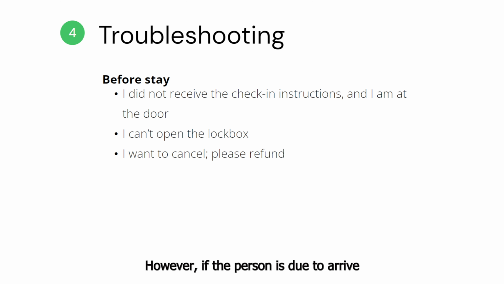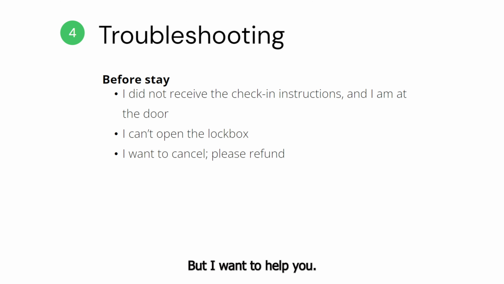However, if the person is due to arrive on the same day, my response is totally different because I know they can write a review. I do not want to decline their refund request outright. Now, what I tell them at that point is, look, unfortunately, because you're canceling it so close to the arrival, it's likely that I won't get any booking for this night because you're canceling it so late, which is not fair to me either.